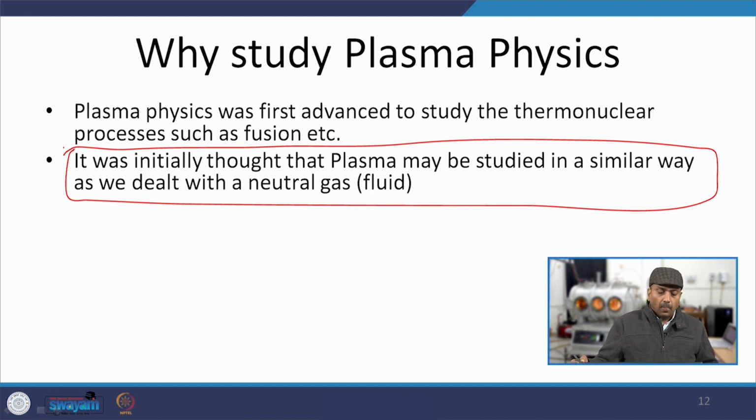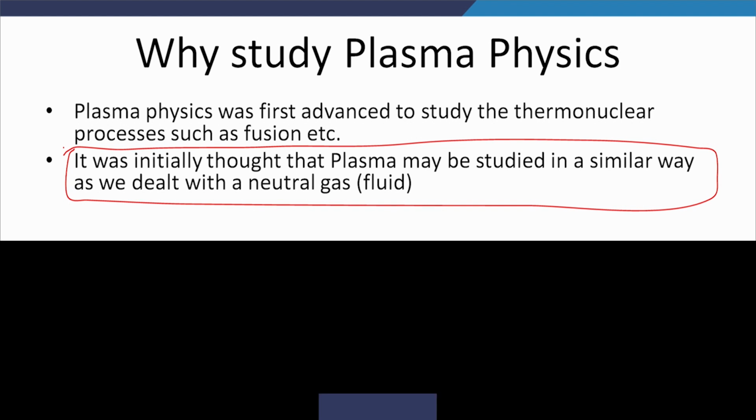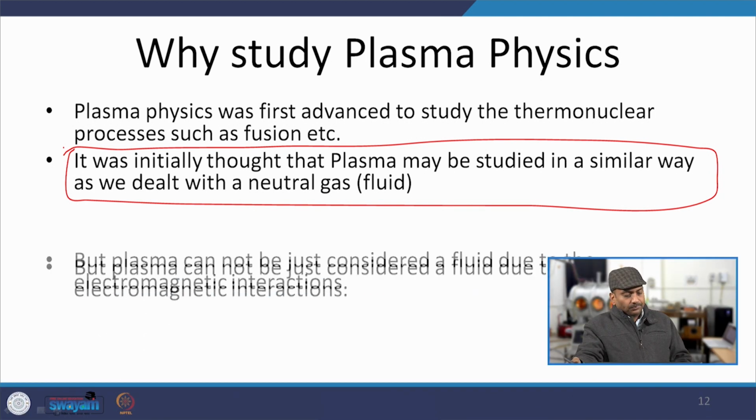Is it? No. Maybe initially we thought plasma is just another gas, so why can't we use the kinetic theory of gases to understand the physical and dynamical processes that happen in plasma? No, we cannot do that.